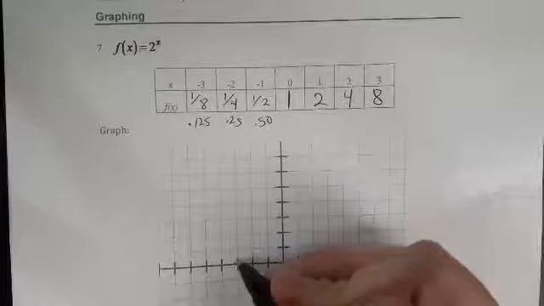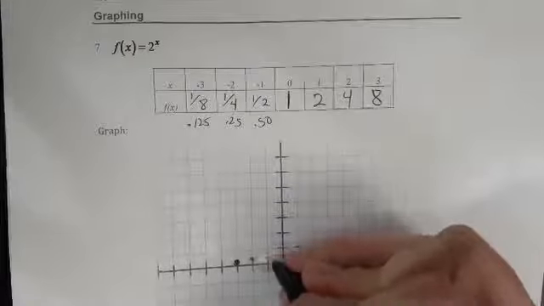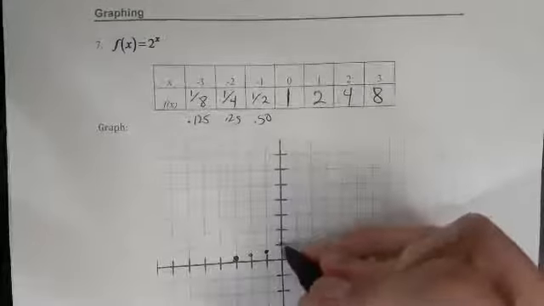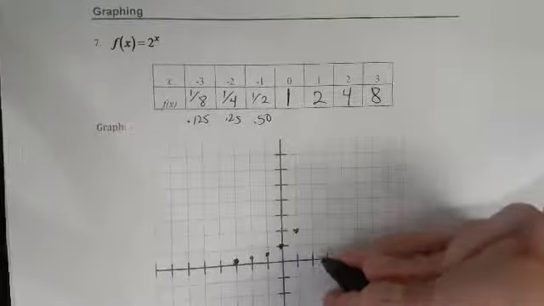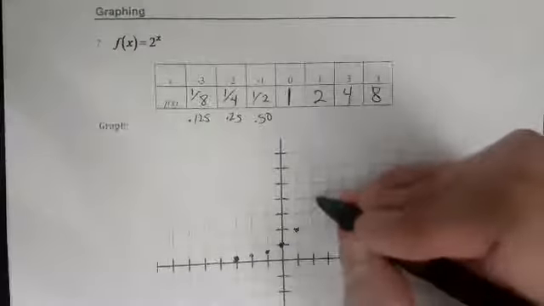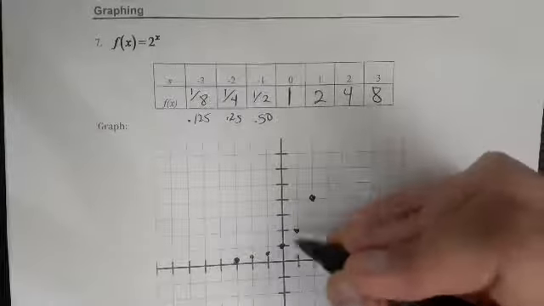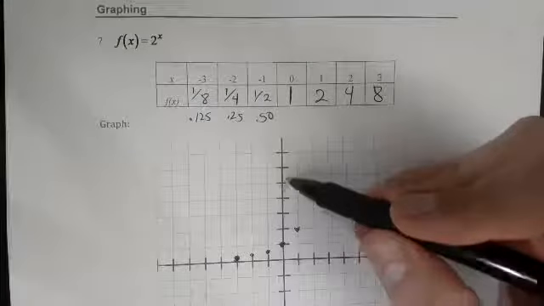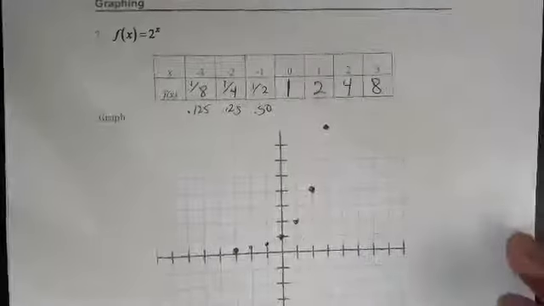At -2 that's 1/4, at -1 this is 1/2. At 0, I'm going through 1. At 1, I'm going through 2. At 2, I'm going through 4. I'm going to go through 5, 6, 7. Oh man, I did not make it a third one right at the top of my graph.